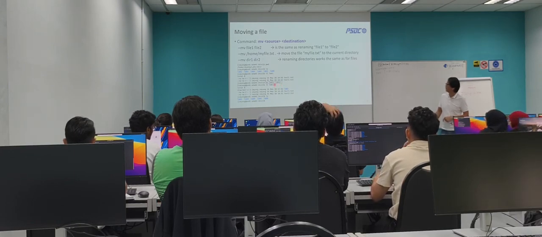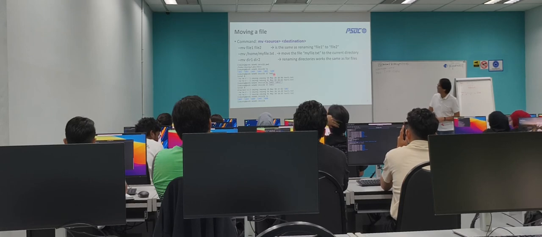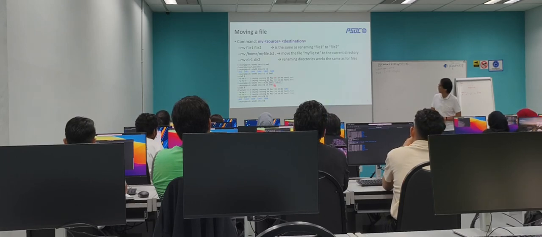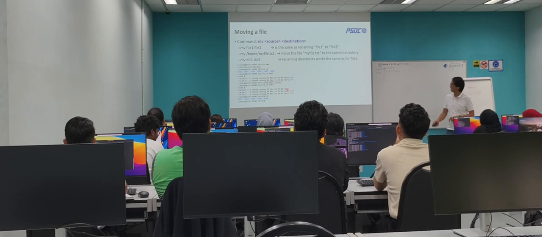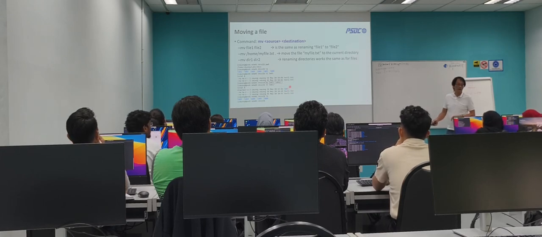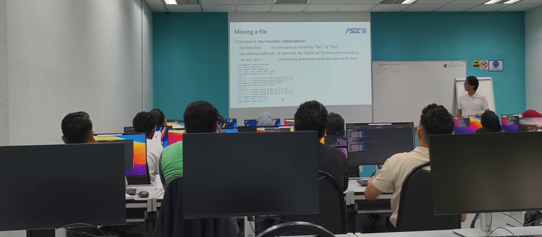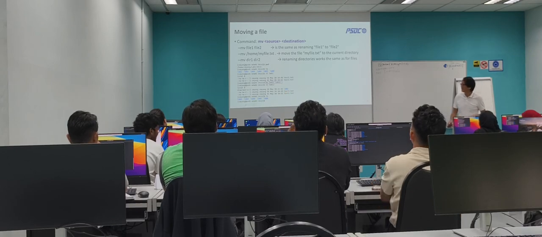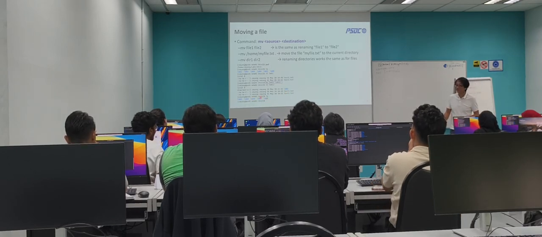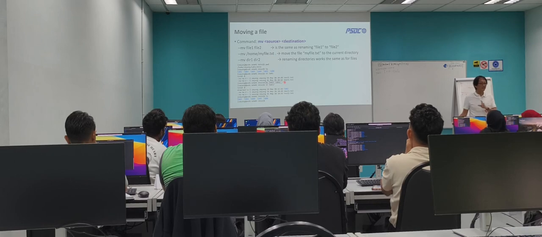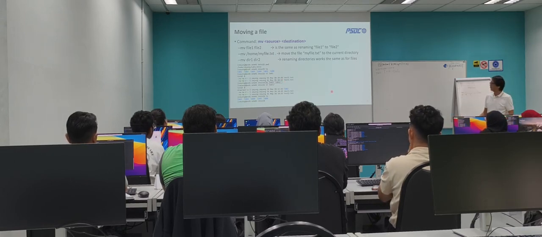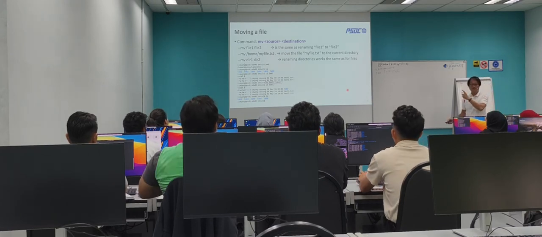Then I list out lab 1, and I can see my lab 2 is now inside the lab 1 folder. Under the Unix directory, lab 2 is no more. It's moved over, not copied, sorry.